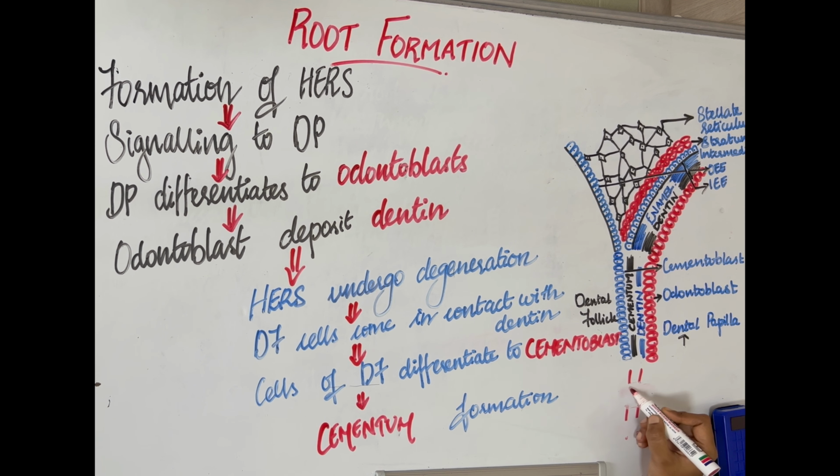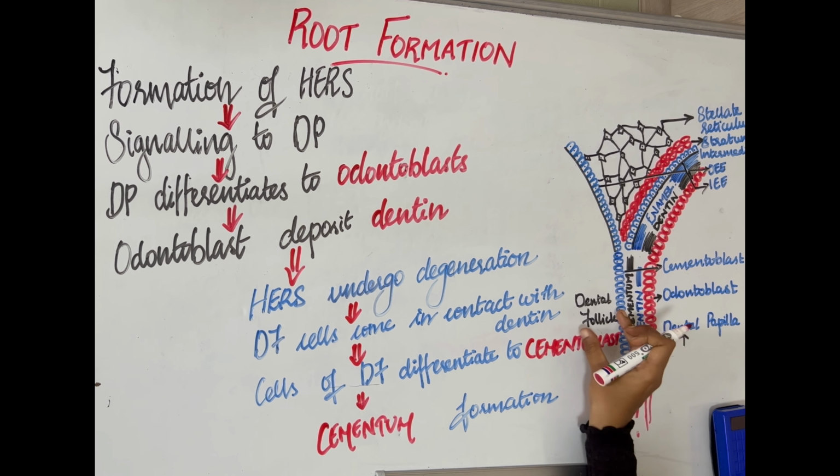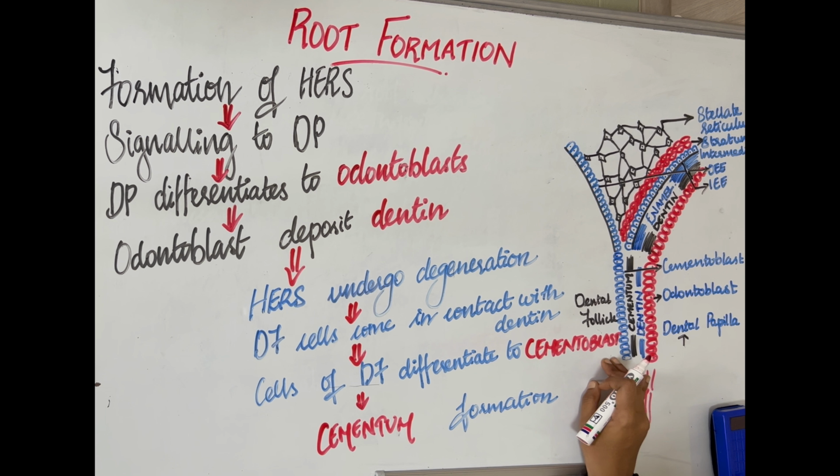So in places where there is loss of Hertwig's epithelial root sheath, the dental follicle cells will come in contact with the dentin on this side, and there will be differentiation of cells of the dental follicle to cementoblasts. On this side, cells of the dental follicle will differentiate to cementoblasts, and there will be formation of cementum. So that's all about dentin and cementum formation taking place in root formation.